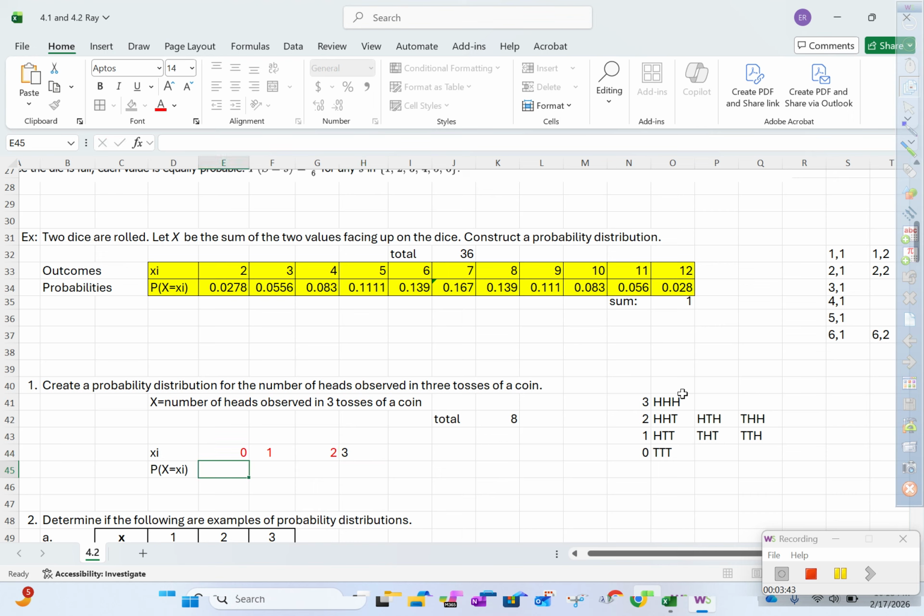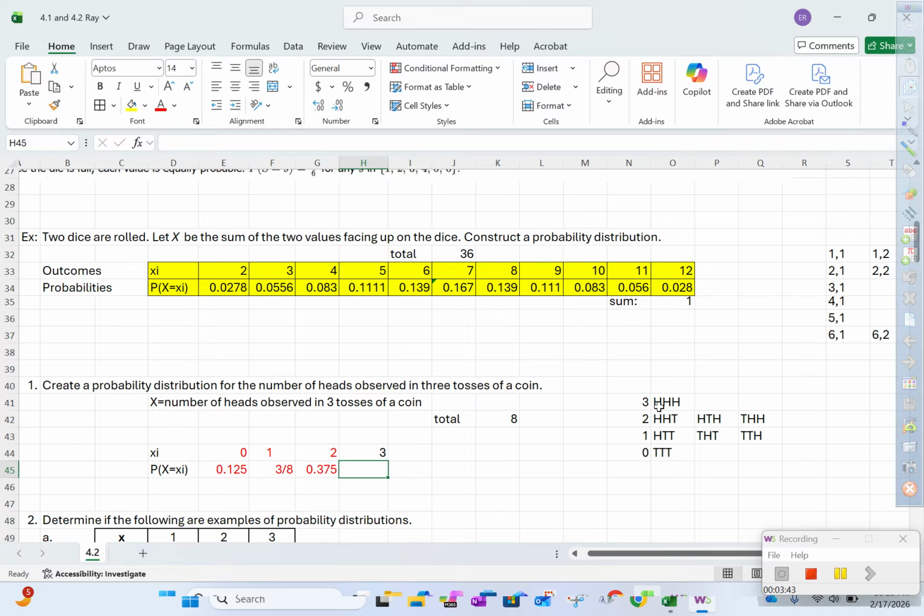And now that I have this nice sample space, I can calculate the probability. So 0 heads, there was 1 outcome that looked like that. So 1 out of 8. 1 head, there were 1, 2, 3 that looked like that. 2 heads, there were also 1, 2, 3.